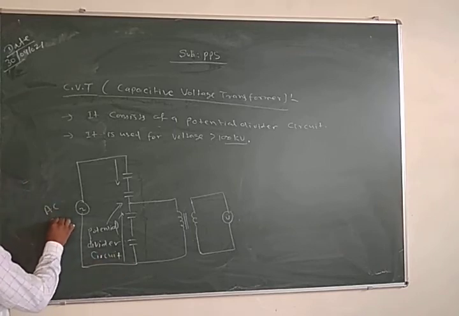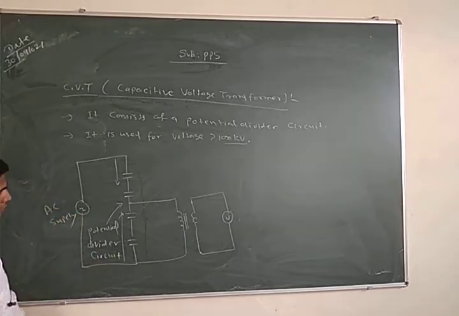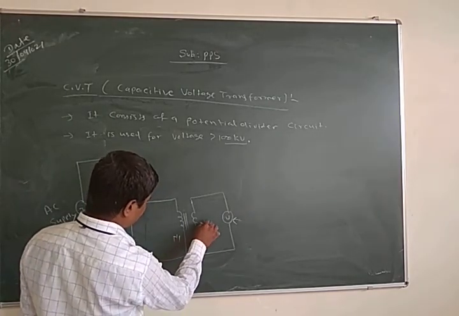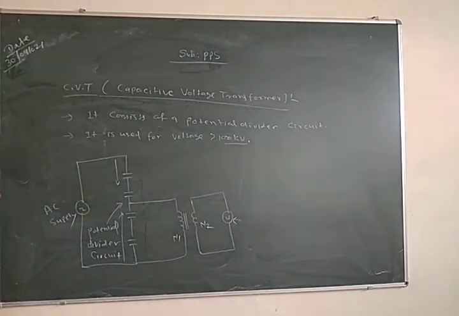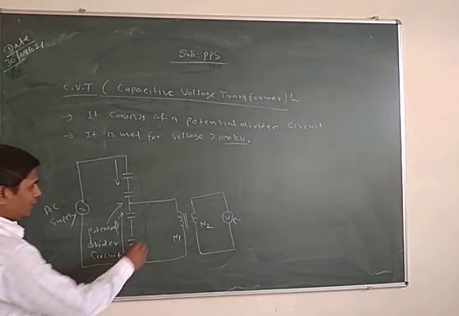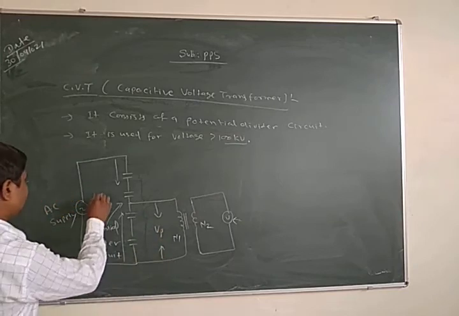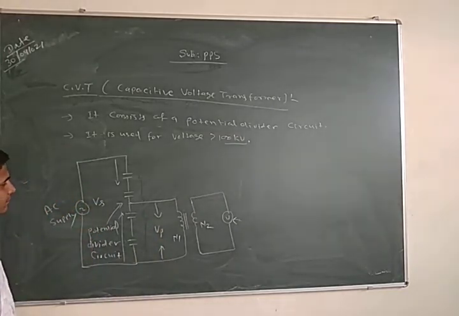AC supply, and this is output. N1 number of turns, N2. Here Vp voltage, this is Vs voltage.